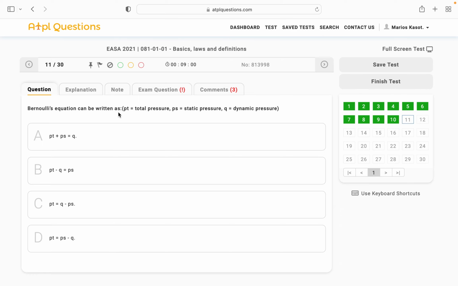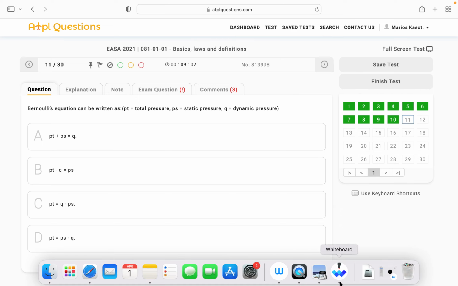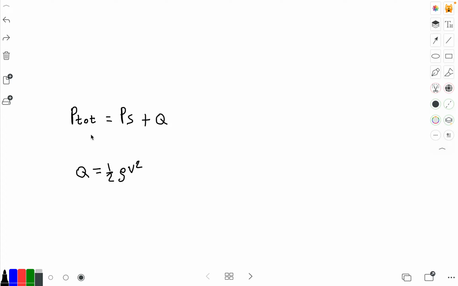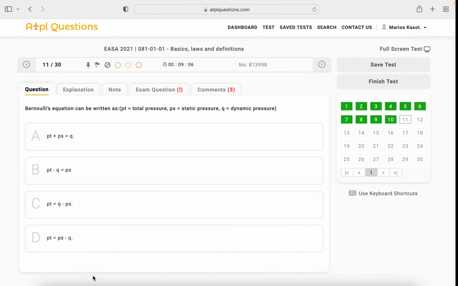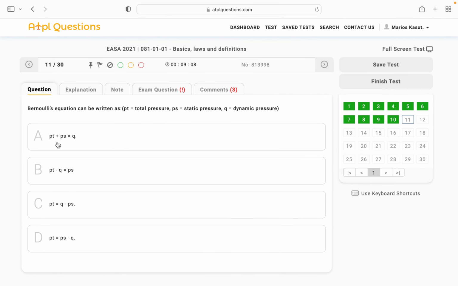Bernoulli's equation can be written as this. Total pressure plus static pressure equals dynamic pressure. Incorrect. Total pressure minus Q equals static pressure.